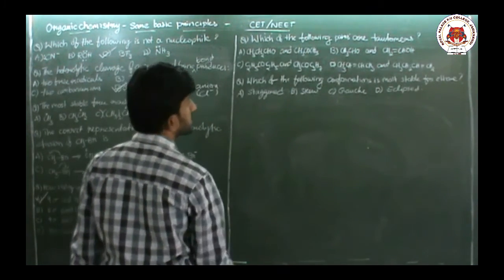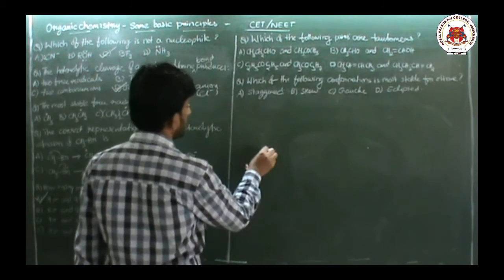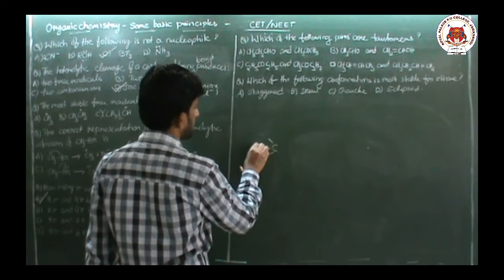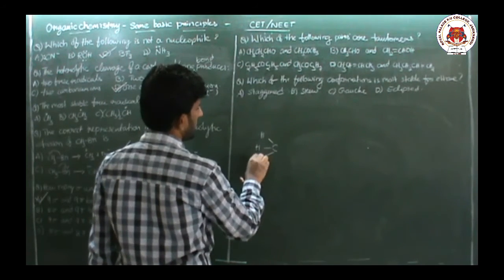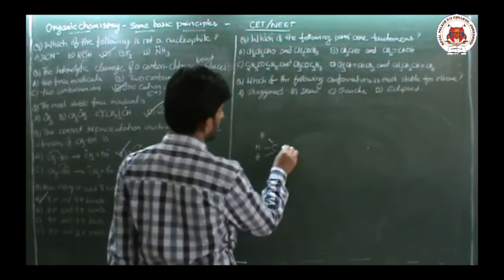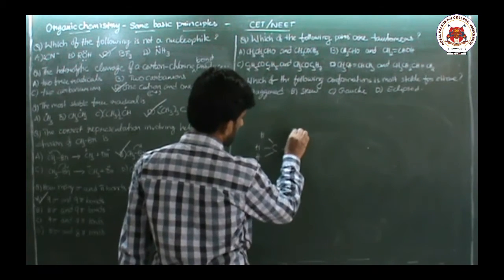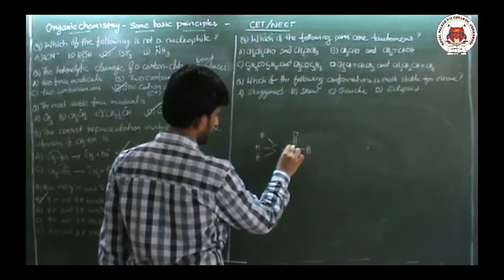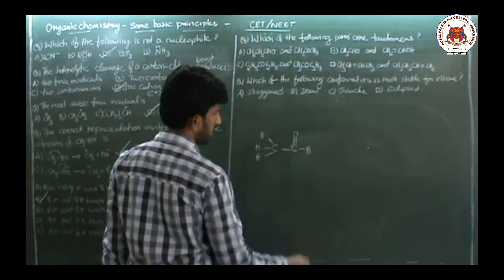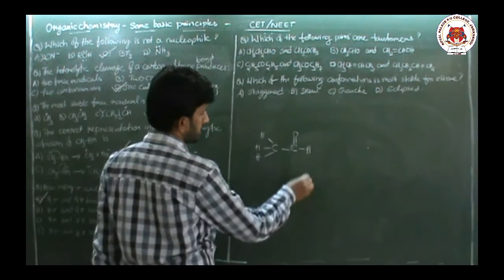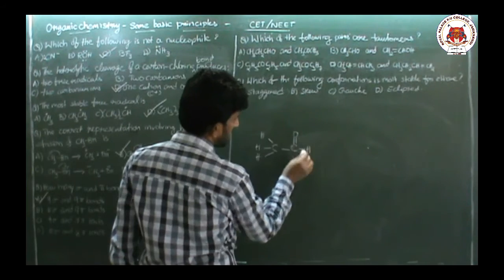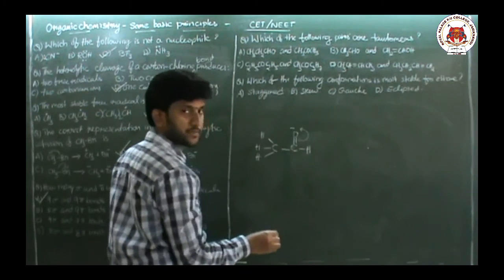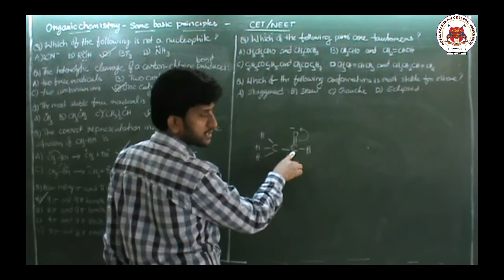In the second option we have CH3, I am writing the hydrogen atoms separately, CH3, C double bond O, H. Now if this molecule undergoes keto-enol tautomerization, these pi electrons shift towards the oxygen, so oxygen gets a negative charge and this gets a positive charge.